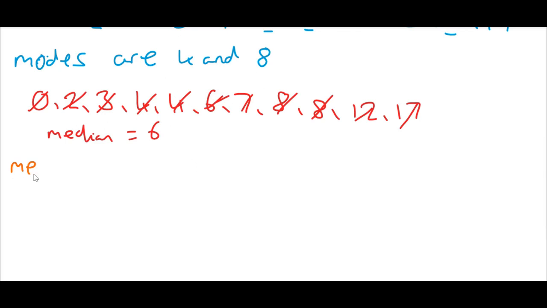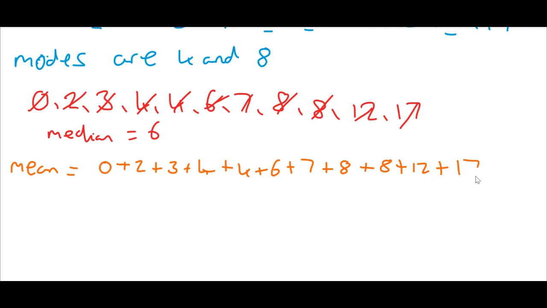And finally, the mean, that's equal to 0 plus 2 plus 3 plus 4 plus 4 plus 6 plus 7 plus 8 plus 8 plus 12 plus 17. And I think we have 11 points, but I'll just check: 1, 2, 3, 4, 5, 6, 7, 8, 9, 10, 11. So that's over 11. No one's going to expect you to do that in your head, so I'll just grab my calculator.